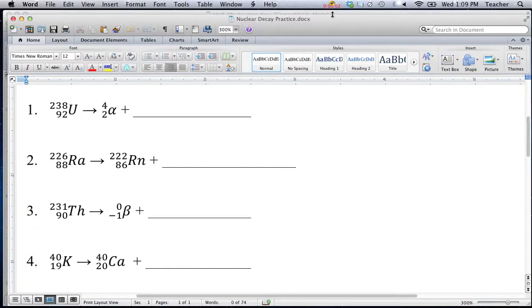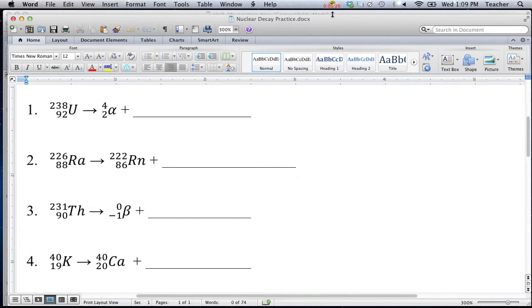All right, now that we've been able to actually talk about how we do nuclear decay problems, what I want to do is actually do a few examples to get you started to help you with your homework for tonight. So basically what we're going to be doing is solving these for missing pieces of the equations.